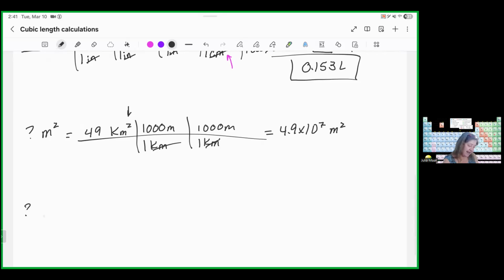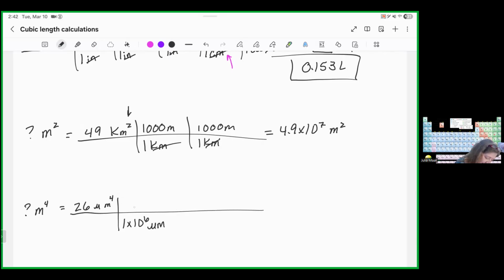So what if I said how many meters to the 4th equals 26 micrometers to the 4th? Or I meant micro, not milli. I meant micro. Okay, so we know that there's 1 times 10 to the 6 micrometers in a meter, but we need to do this 4 times because we have to cancel 4 of those.